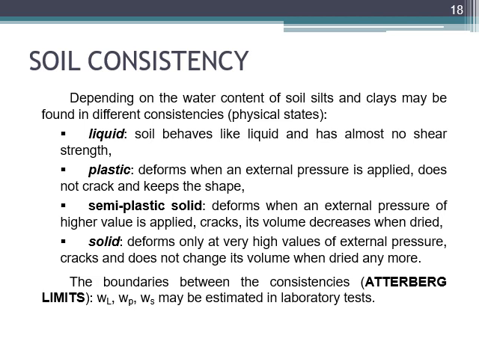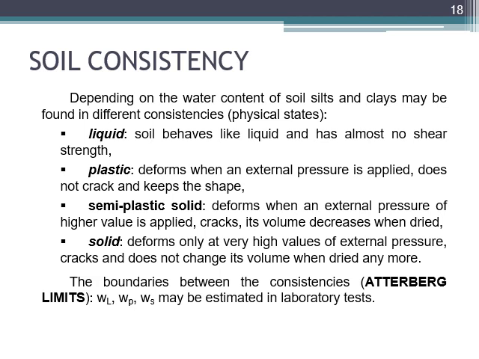We distinguish four physical states, or in other words, four different consistencies of silts and clays. These are the liquid consistency, plastic, semi-plastic solid, and solid. In some books you will not find this third one, the semi-plastic solid, but in some you will.